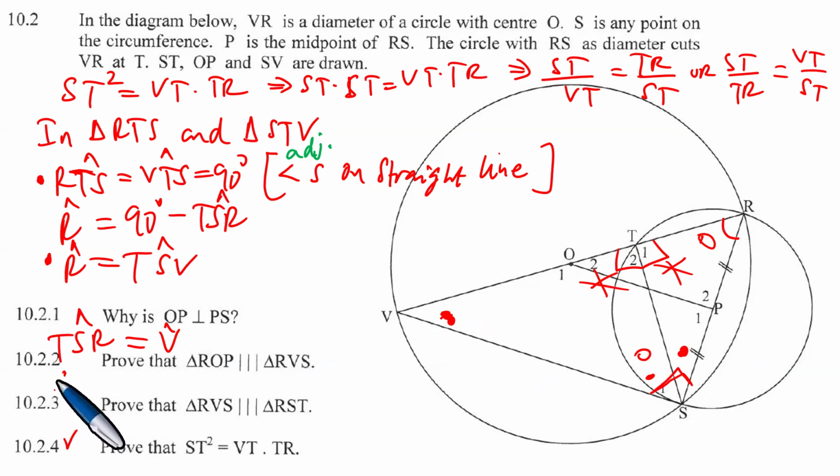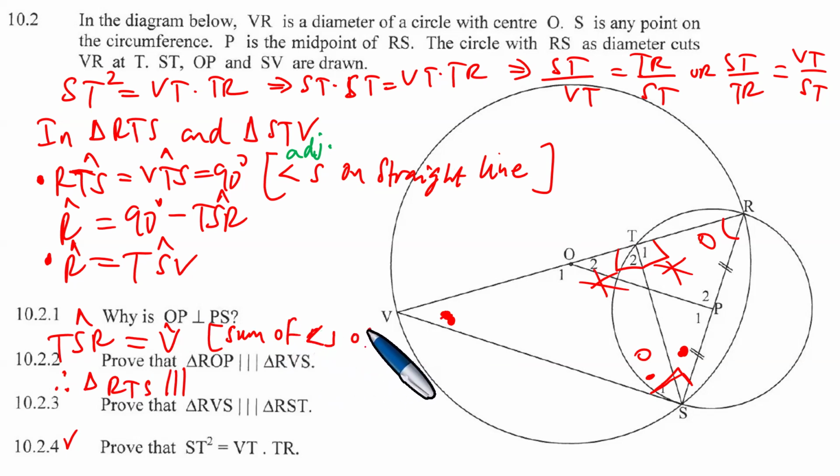And therefore, triangle RTS, this one is what? You can say third angle, or sum of angles of triangle.